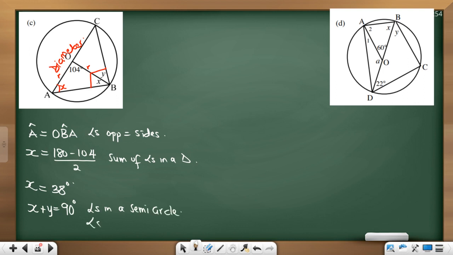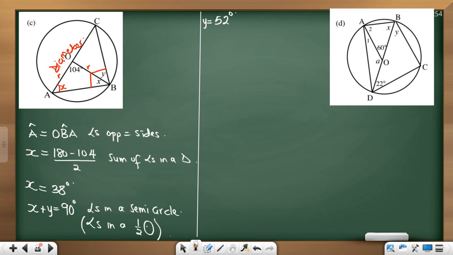I told you that you could also write angles in a semi, and that is also acceptable. Now that I know my x, I can therefore get y. So what will be my y value? Y will be 90 minus 38, and that will be 52 degrees.